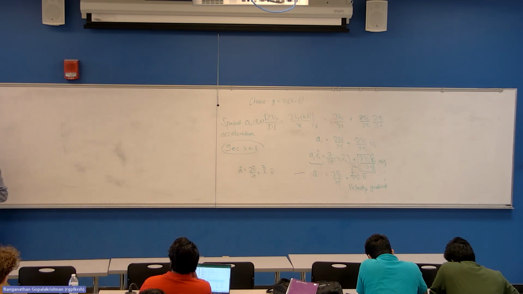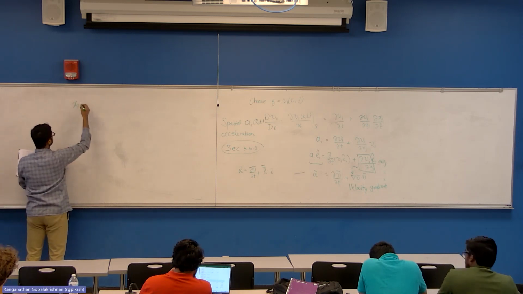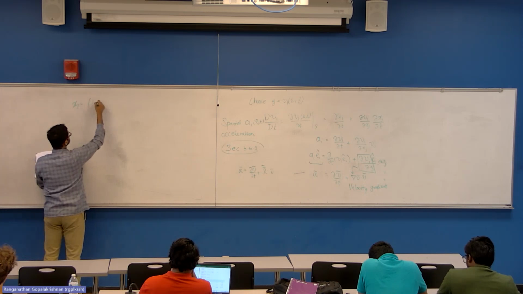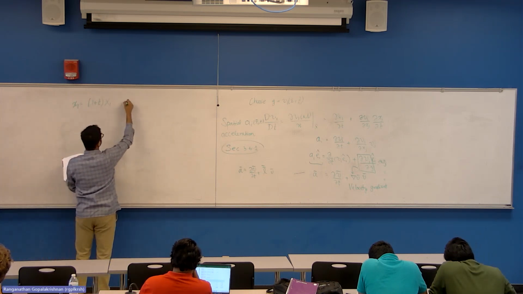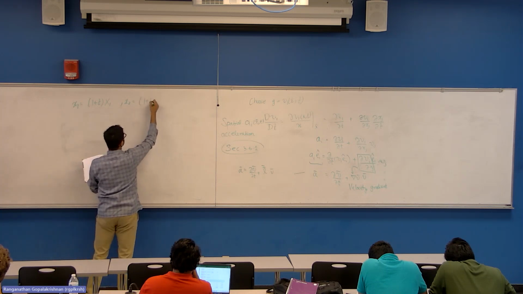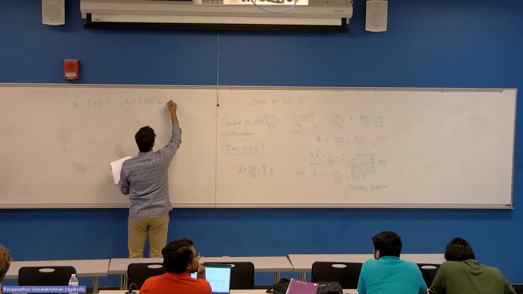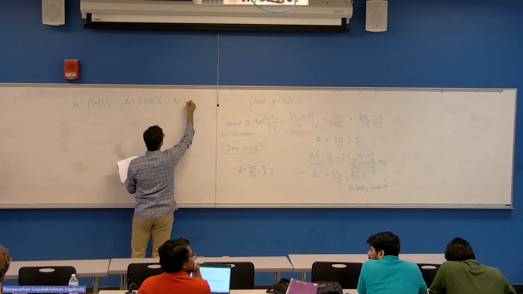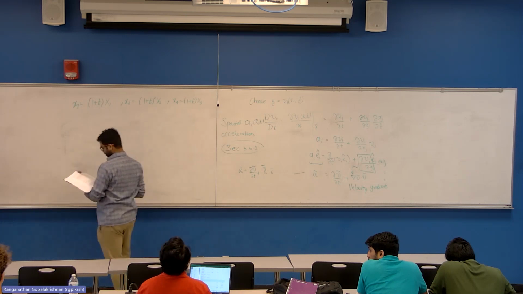All right, problem or example 3.9. Consider the motion: x1 is (1 plus t) times X1, x2 is (1 plus t) whole squared X2, and x3 is (1 plus t squared) X3.